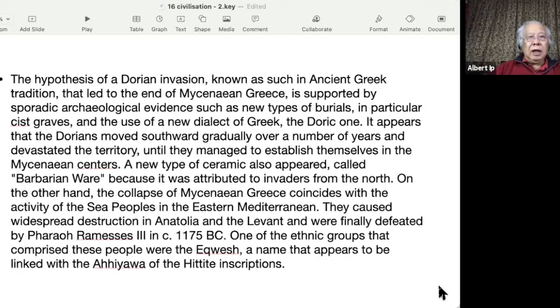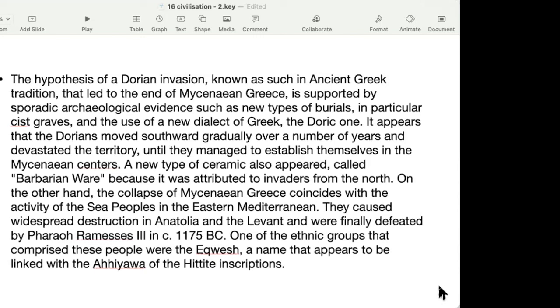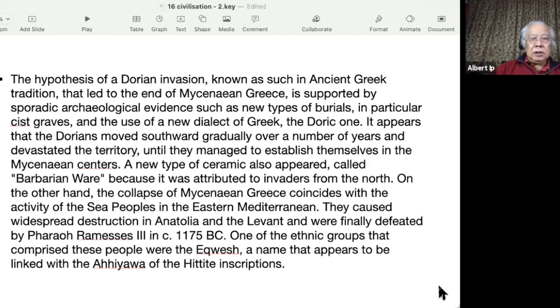So there is a hypothesis of a certain invasion, and we can see from the archaeological data that a new type of ceramic also appears, and therefore the civilization was taken over by another civilization. And during that time, the previous civilization sustained widespread destruction. So that is one possibility.